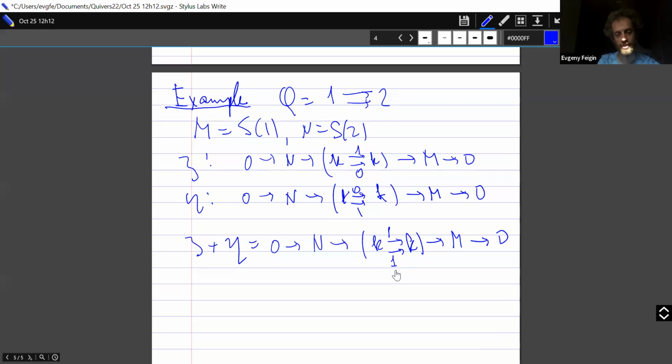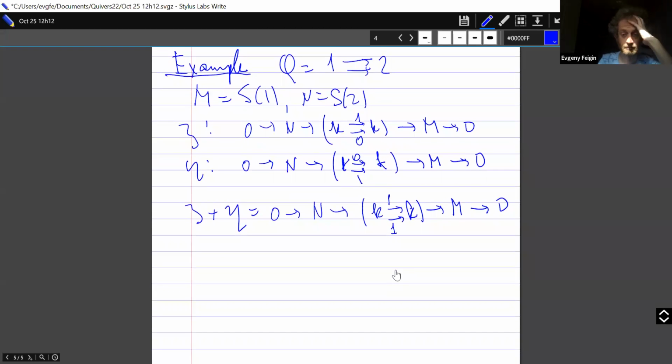Like this. Let's try to understand why. The guess is very reasonable, because in a sense we sum up the maps between the modules, but it's of course not exactly the strategy, but looks natural.